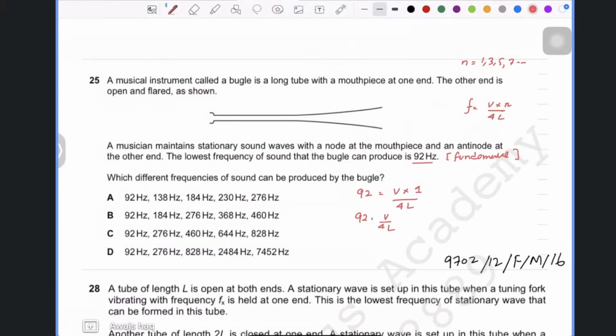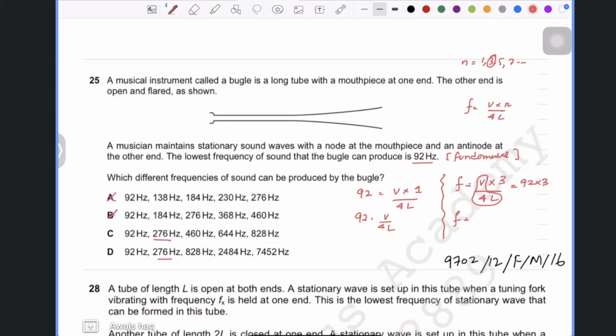So now you need to realize that the next frequency is going to be F equals V times 3 over 4L. Because V upon 4L is 92, I can write it as 92 times 3. 92 times 3 is 276, so these two are wrong.